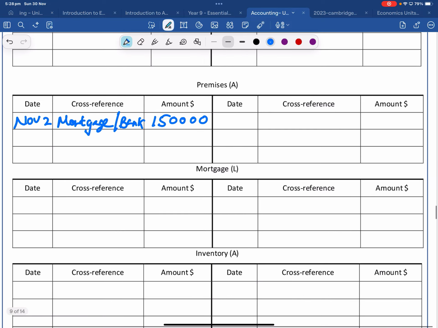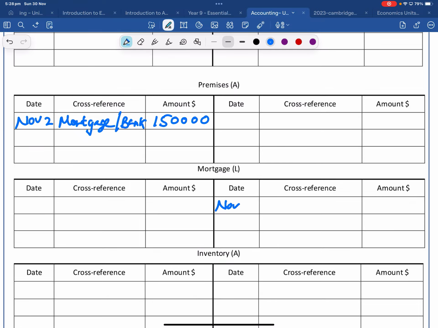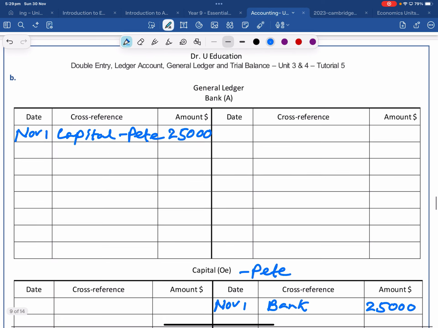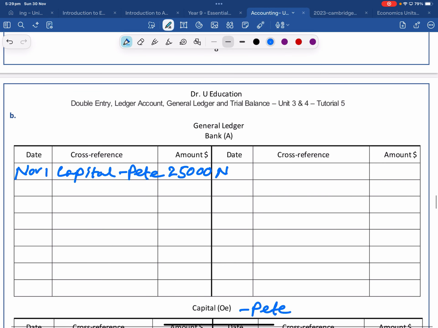And then mortgage, what happens? Number 2, premises, 140,000, and then number 2, 10,000, premises.